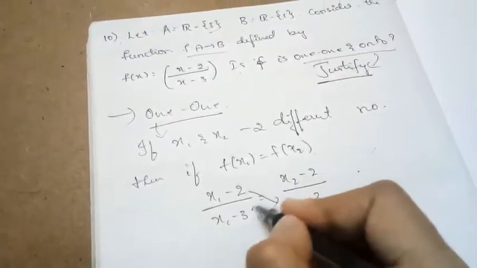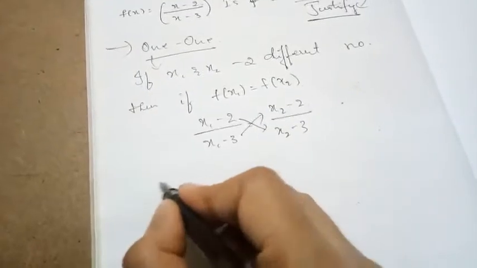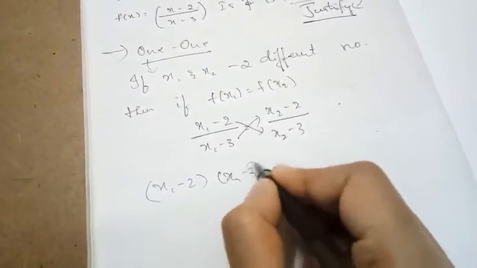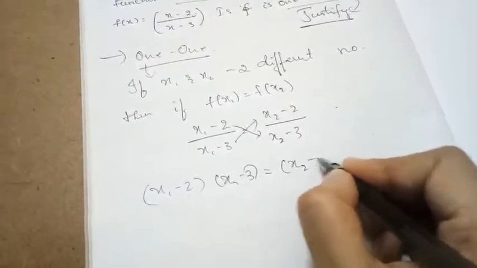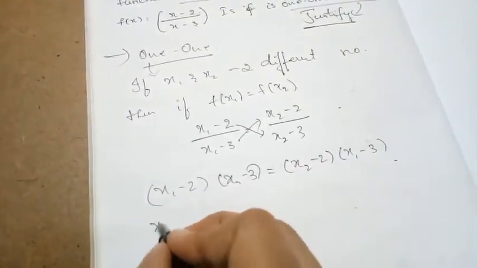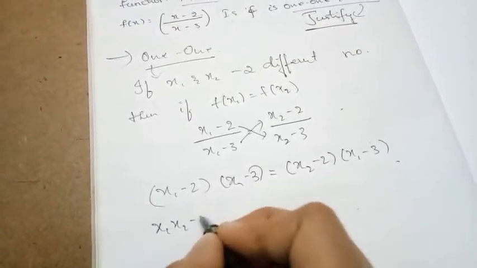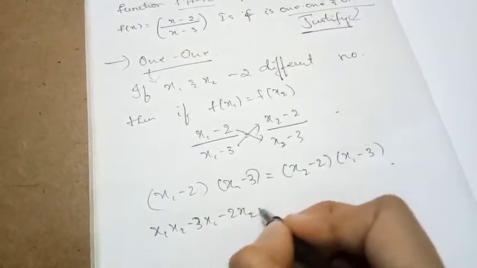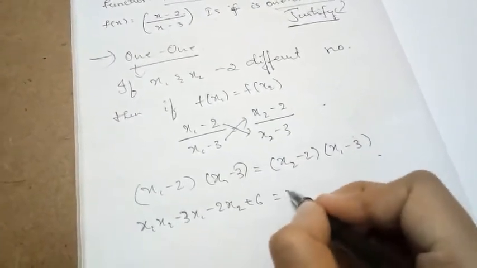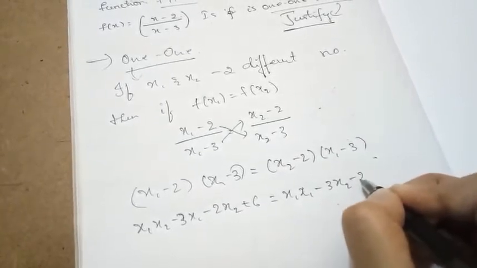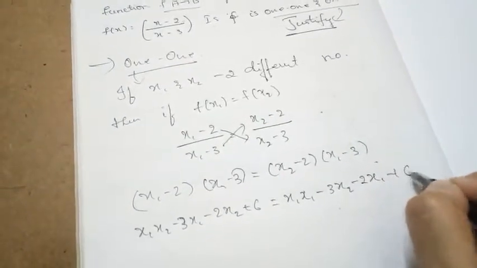Now let us solve this equation. Cross multiplying, x1 minus 2 into x2 minus 3 is equal to x2 minus 2 into x1 minus 3. So it will be nothing but x1 x2 minus 3x1 minus 2x2 plus 6 is equal to x2 x1 minus 3x2 minus 2x1 plus 6.